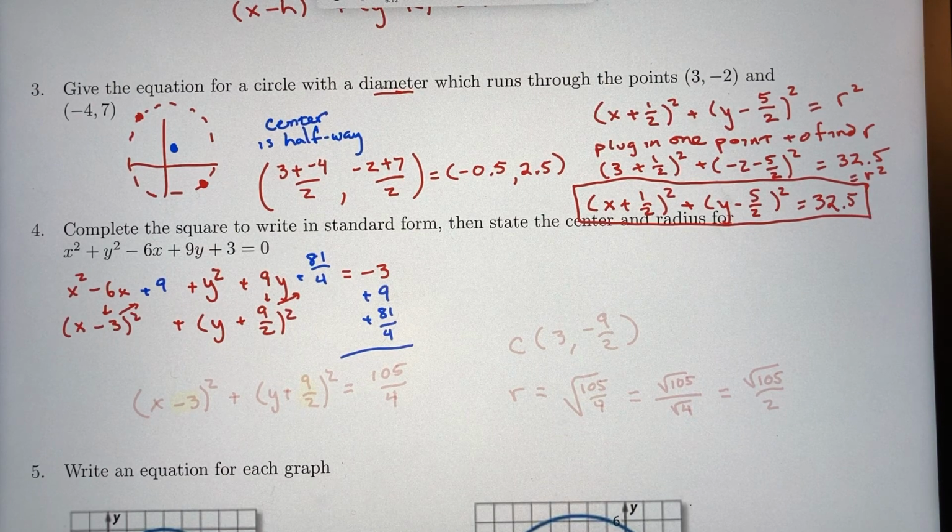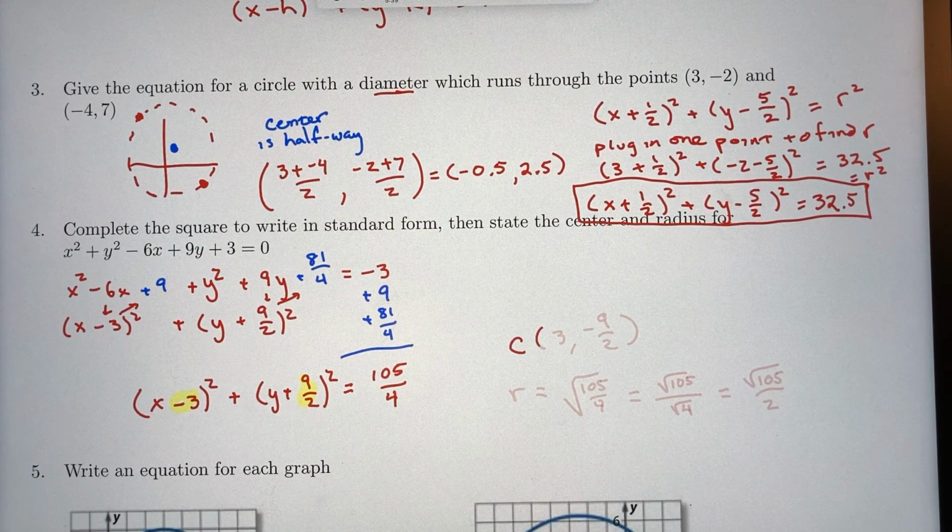Okay, and then we just total it up. Math enter is our friend if you're feeling chicken about fractions. -3 plus 9 plus 81/4 is 105/4. So where is the center? Again, don't forget it's opposite signs.